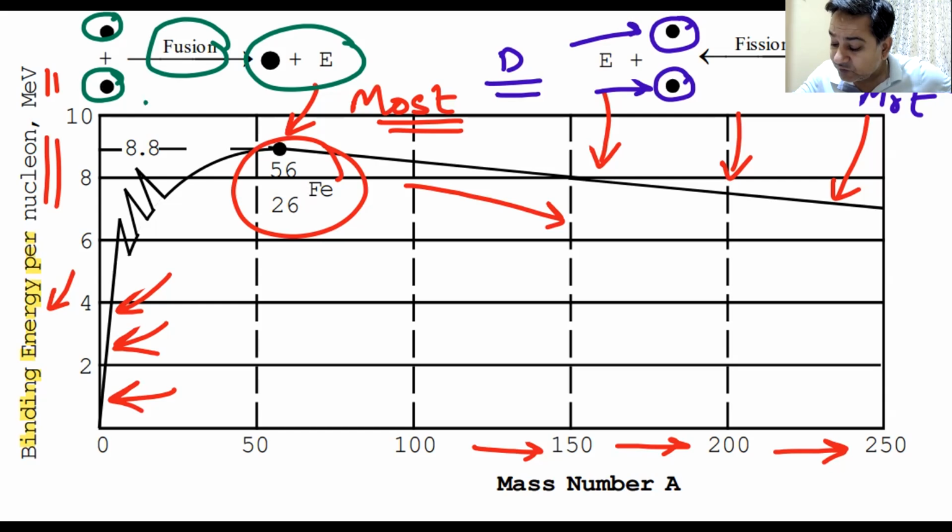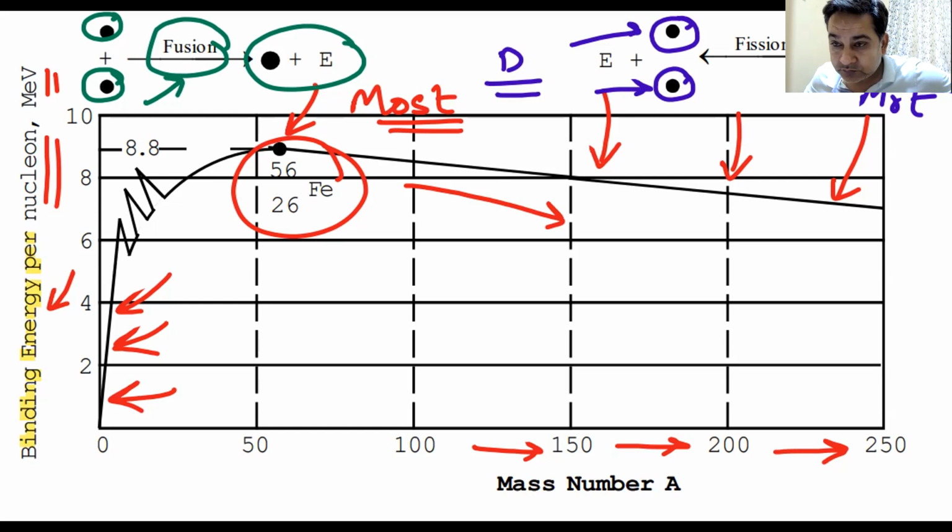Which heavenly body gets its energy from fusion? Your sun. Inside the sun, the temperatures are very high and fusion is happening. Two hydrogen are becoming helium, releasing a tremendous amount of energy, which is radiated by the sun towards earth. We are trying to make this fusion happen, because it is not radioactive, it is clean energy. Do we understand this?